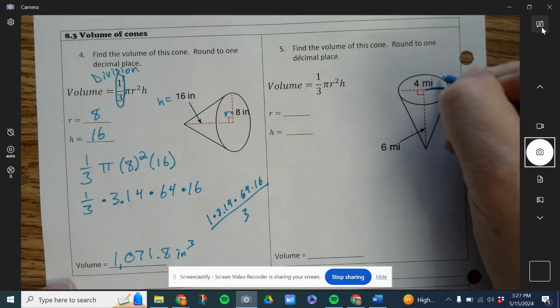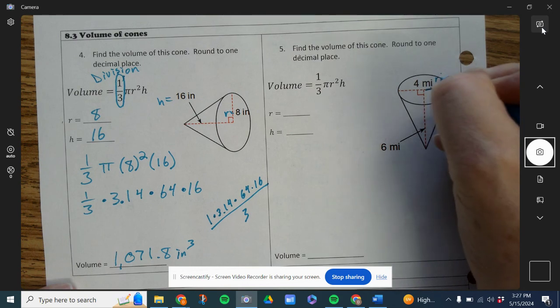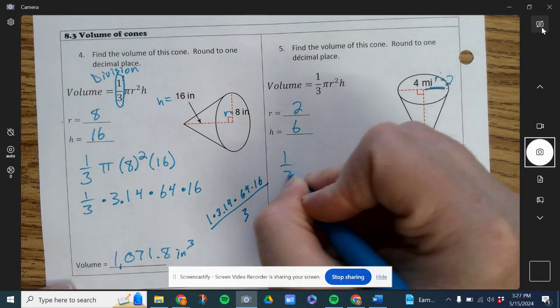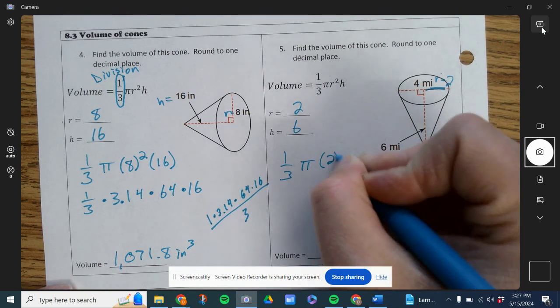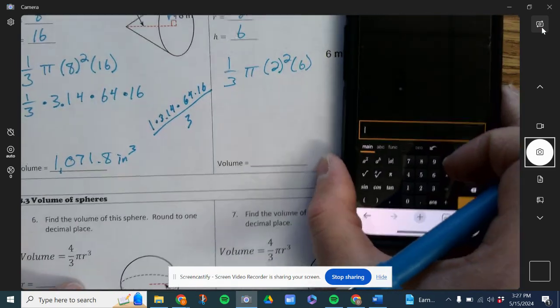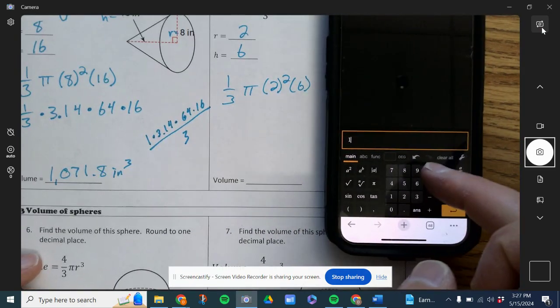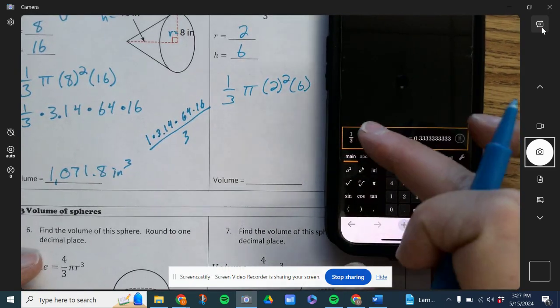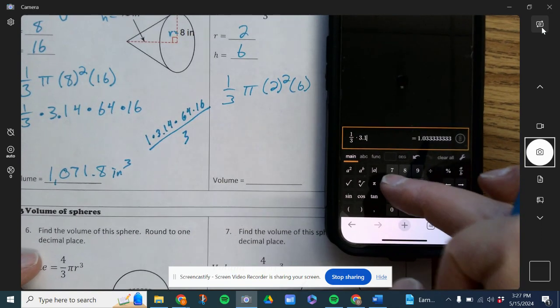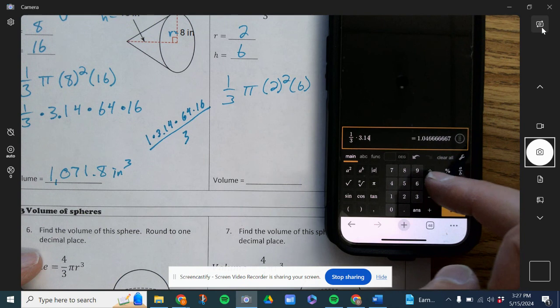All right. So this gives us the diameter. So we want to adjust the radius to be 2 with a height of 6. This is 1/3 pi times 2 squared times 6. I'm just gonna put the whole thing in here, right? Again, this is super simple. It doesn't require that much effort. You just use the calculator. 3.14 times 2 squared is 4 times 6.